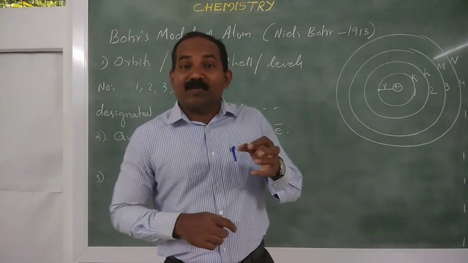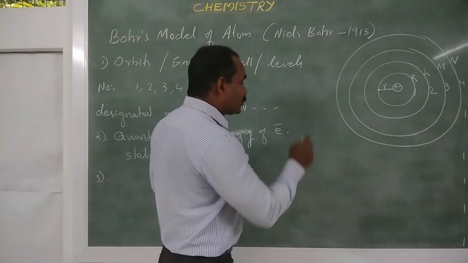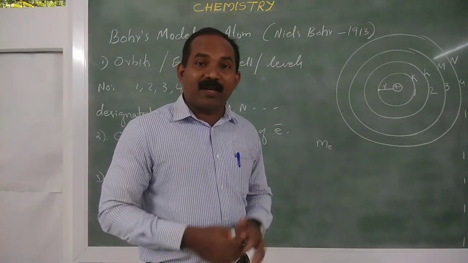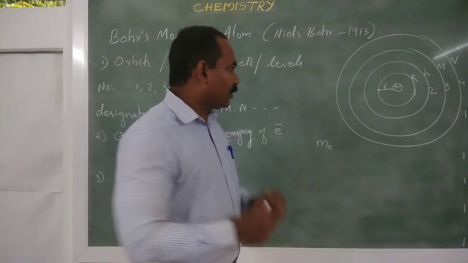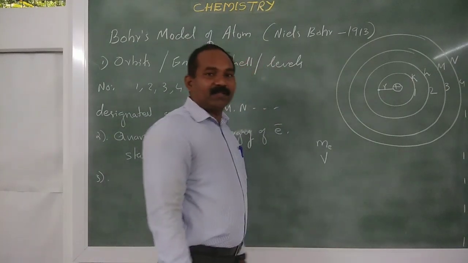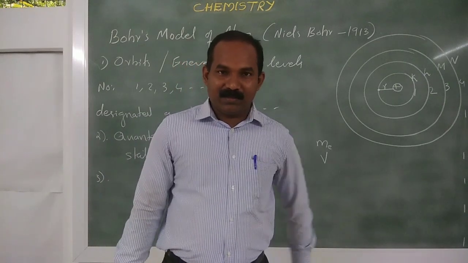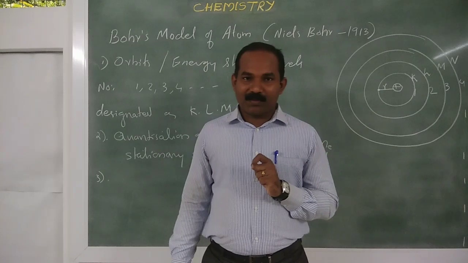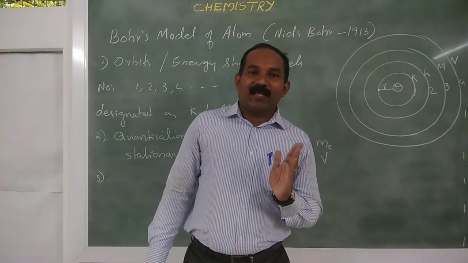An electron has a particular mass, which we take as me, 9.11 times 10 raised to minus 31 kilogram, and the electron is moving with velocity v.